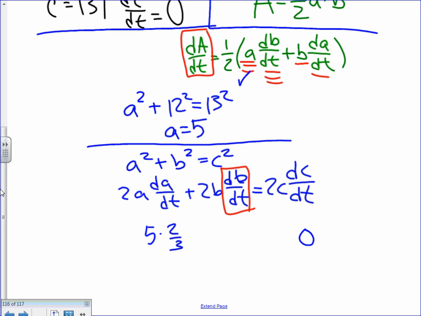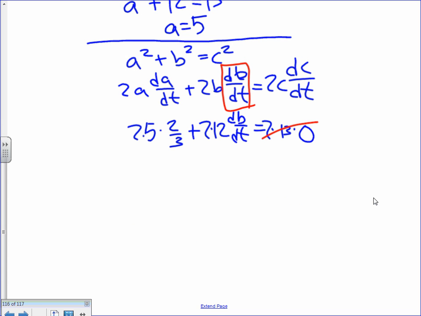Okay, hopefully I have enough space here. 2a dA/dt, then plus 2b dB/dt, that's a 2 times 12. Now the side opposite the equal sign goes to 0, and I just do some combining here. 2 times 5 is 10, times 2/3 is 20/3. So this first thing becomes 20/3.